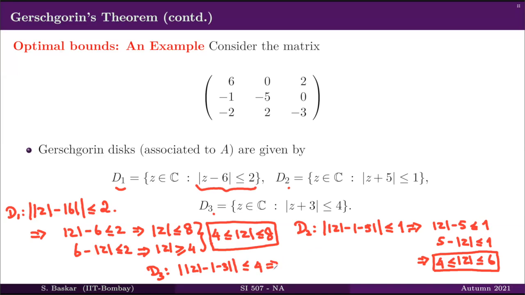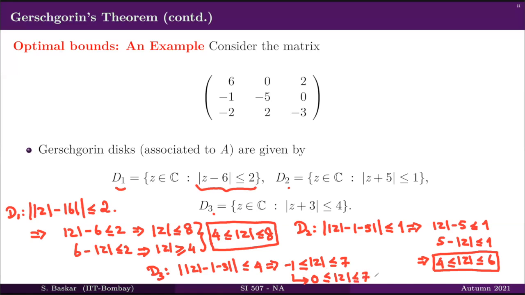And that gives us mod Z is less than or equal to 7, and it is greater than or equal to minus 1. If you recall, we have always remarked that if the lower bound happens to be negative, then we have to replace it by 0, right? So we can take this inequality as 0 less than or equal to mod Z is less than or equal to 7.